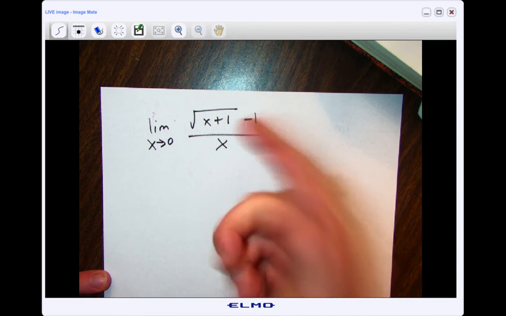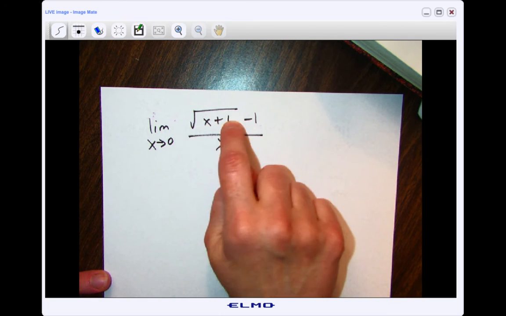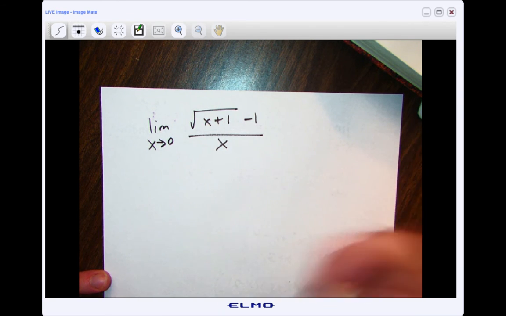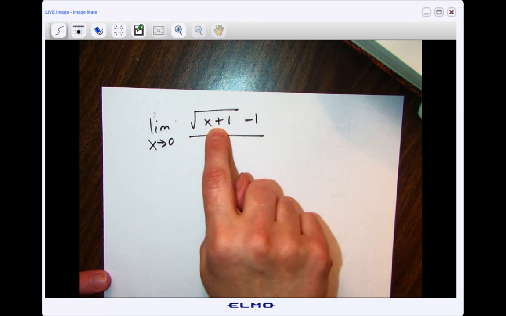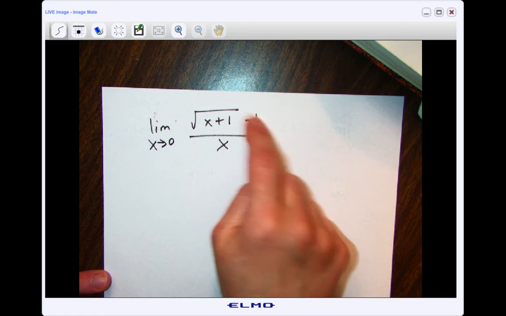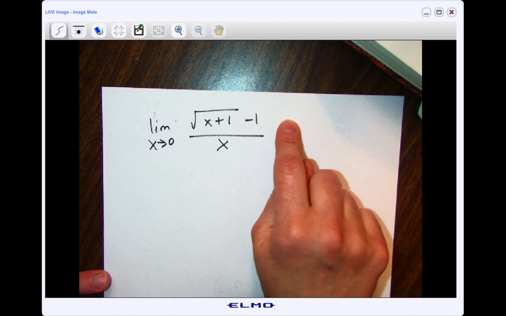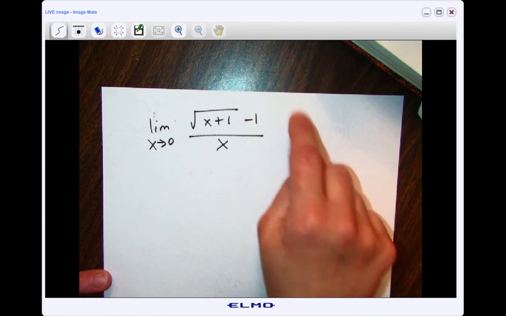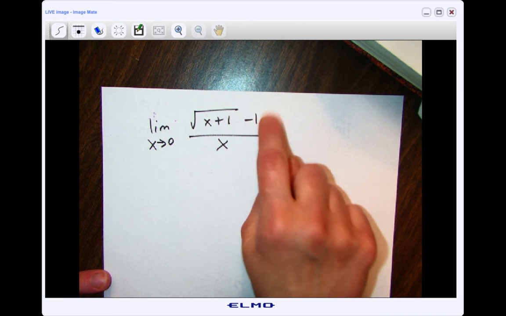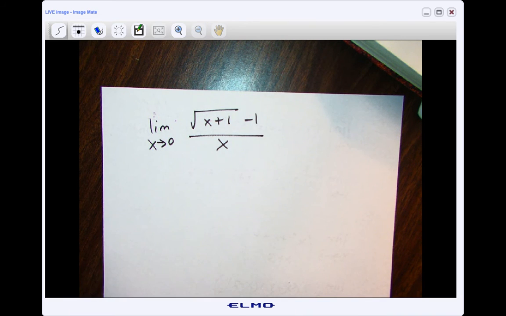So this is like a double grouping symbol. In order to get this guy out of the grouping symbol, I know a lot of people always say, well, just multiply by the square root of x plus 1, but the trouble is this top is a binomial. So if I multiply by just the square root of x plus 1 and multiply it out, I'm going to end up with another radical.